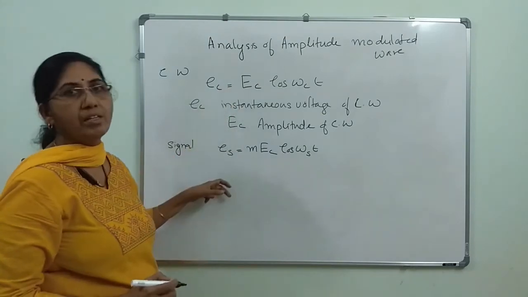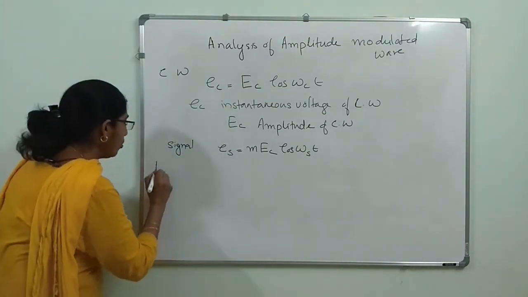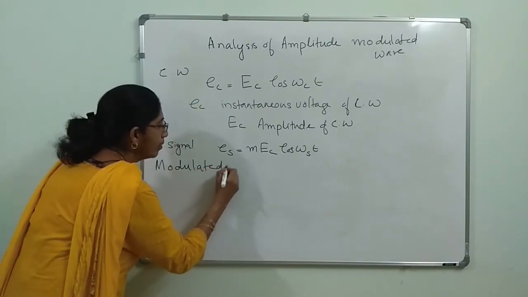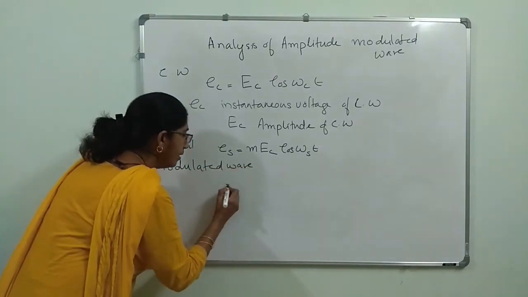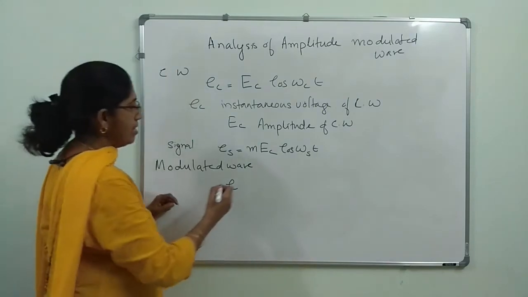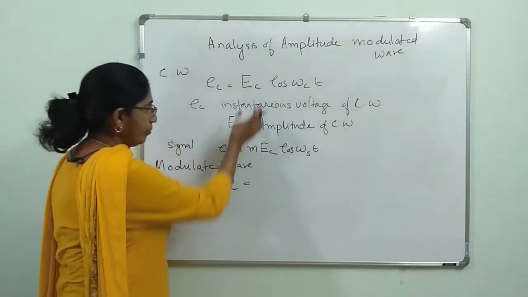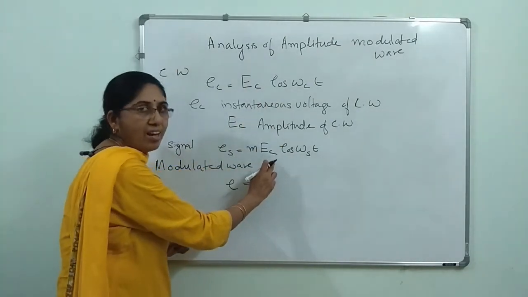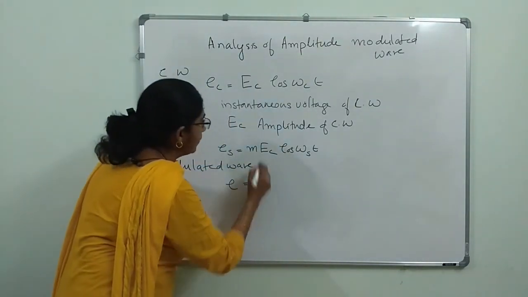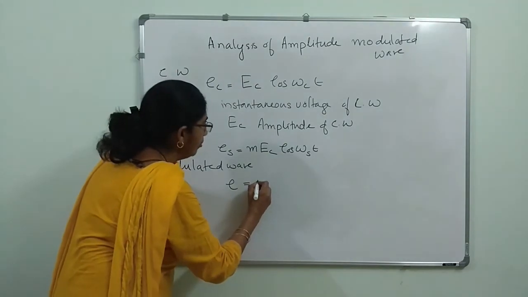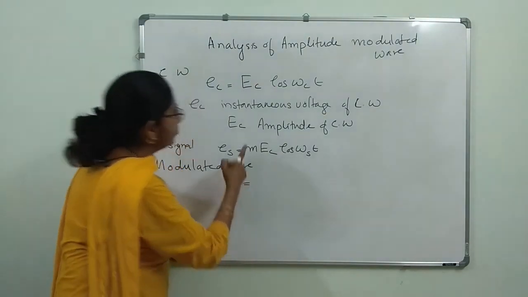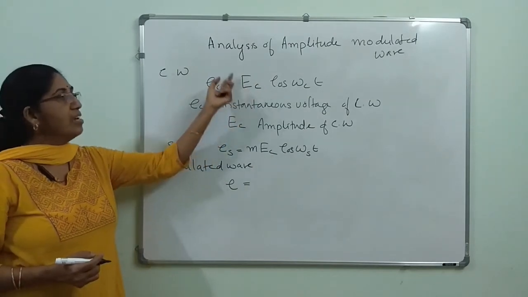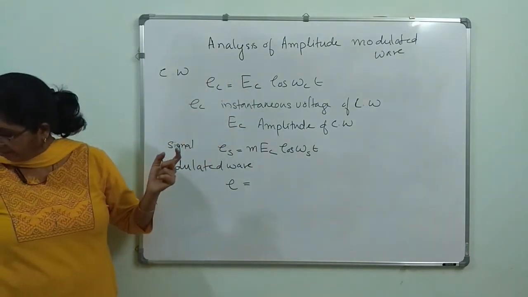Now once it is getting modulated, for the modulated wave, we can write the instantaneous voltage E as equal to, this amplitude is getting modulated according to the signal. So instead of EC, can you tell me what we'll be writing instead of EC, because it is amplitude that we are modulating.